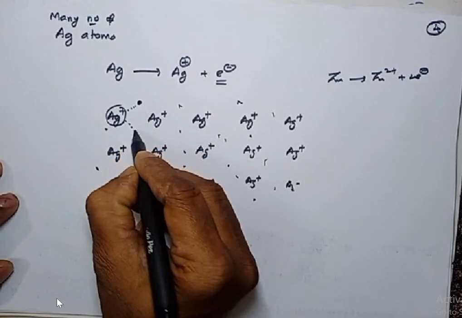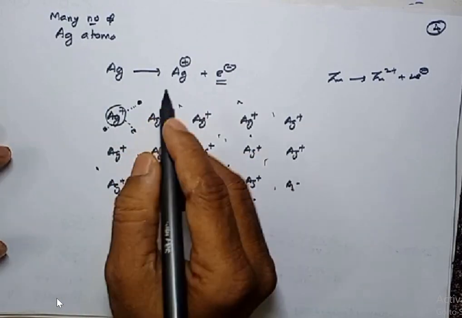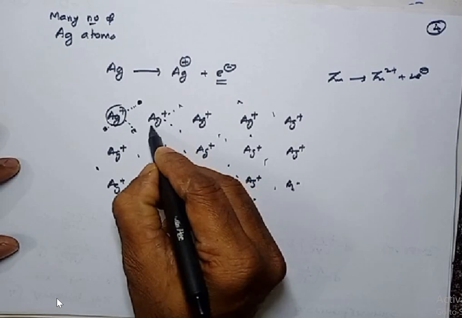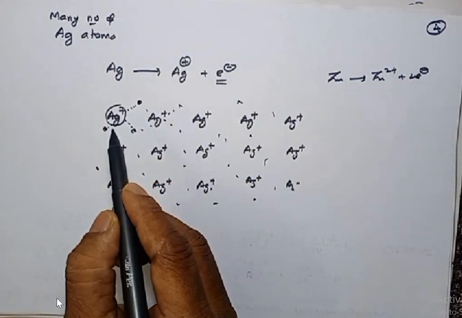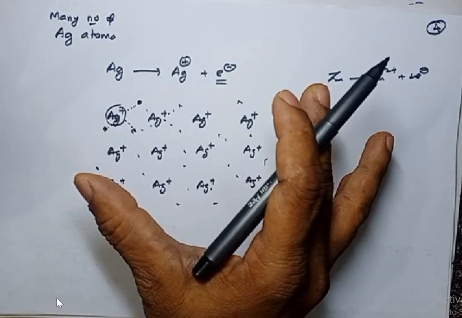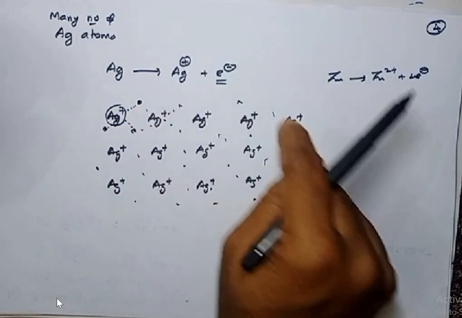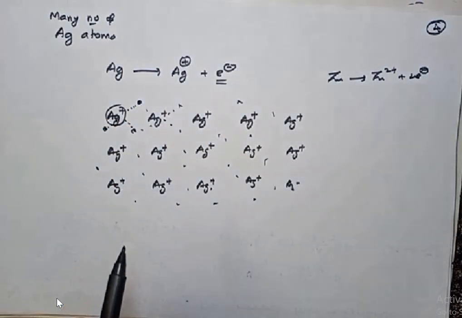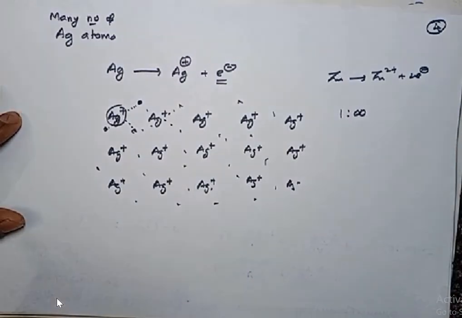Throughout the crystal there are many free electrons available, so they keep on attracting. And this attraction is not just 1:1. Each cation is attracted by a huge number of electrons, and each electron is attracted by a huge number of metal cations. So I can say simply that it is 1:infinite attraction.